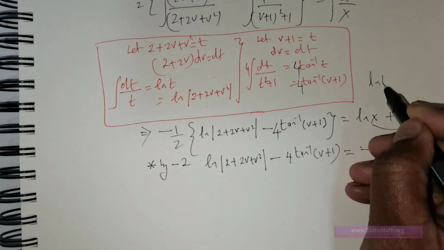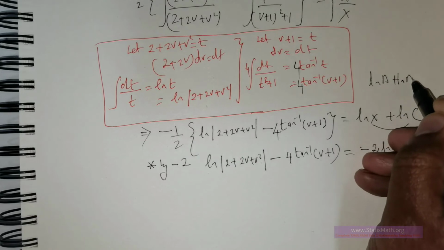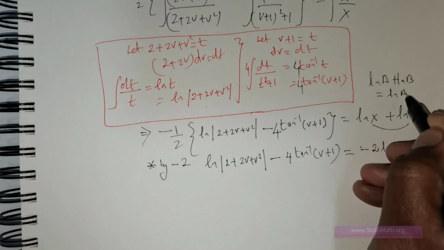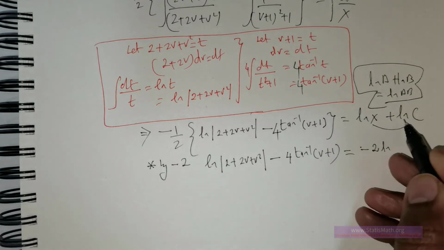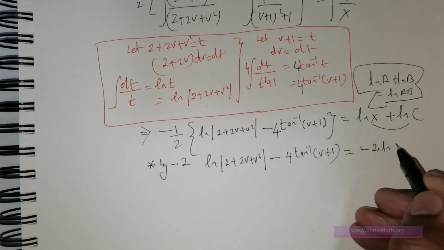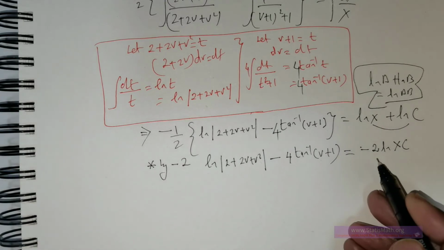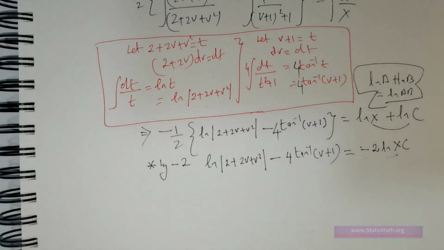I'm going to use ln a plus ln b, which can be rewritten as ln of ab. So by this formula I can rewrite ln x plus ln c as ln xc. That's why it's going to be negative 2 times ln xc.